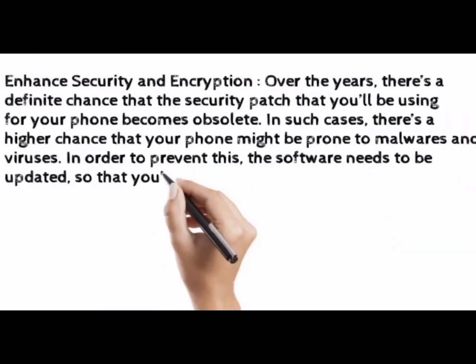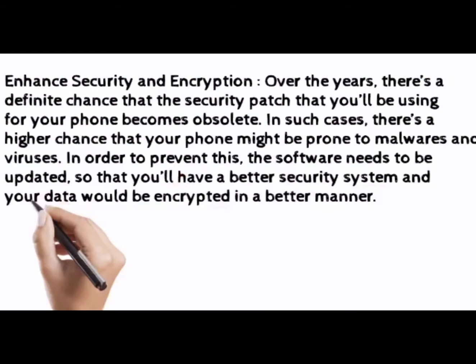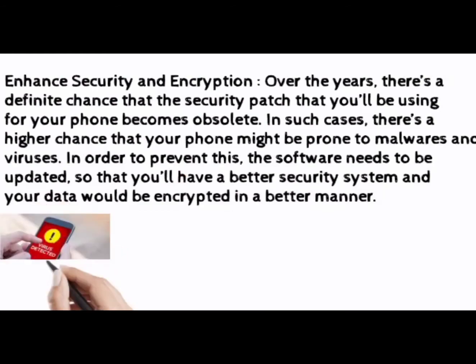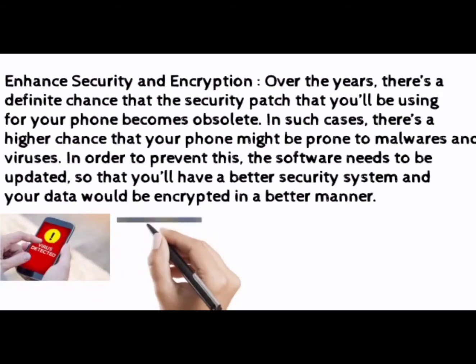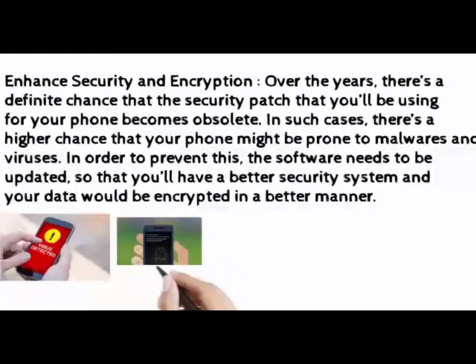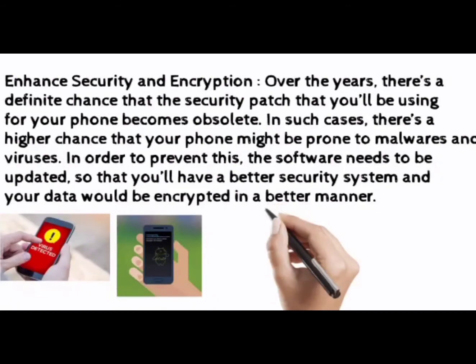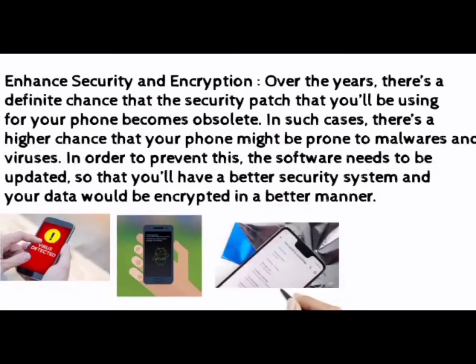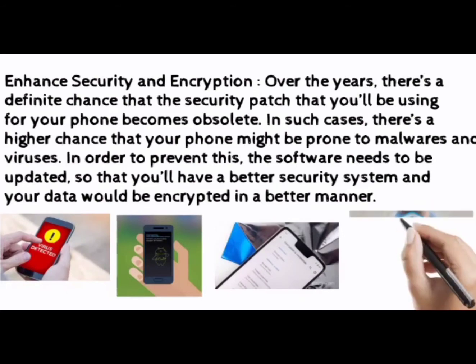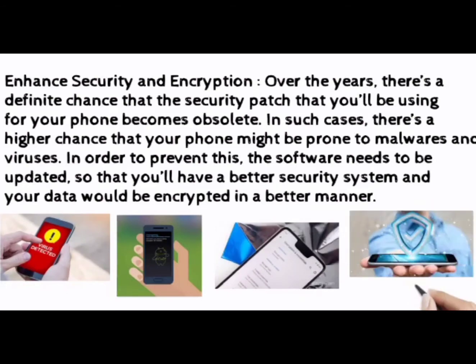Over the years, there's a definite chance that the security patch you're using for your phone becomes obsolete. In such cases, there's a higher chance that your phone might be prone to malware and viruses. In order to prevent this, the software needs to be updated so that you'll have a better security system and your data will be encrypted in a better manner.